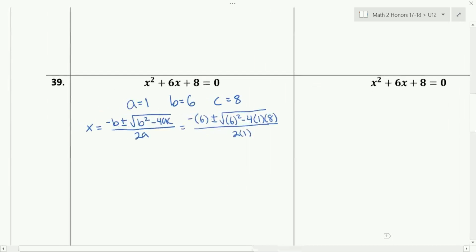And then you simplify it. And I always just do the multiplications first. I do -6, or -1 times 6, 6 squared, -4 times 1 times 8, 2 times 1. Oops, not 21.